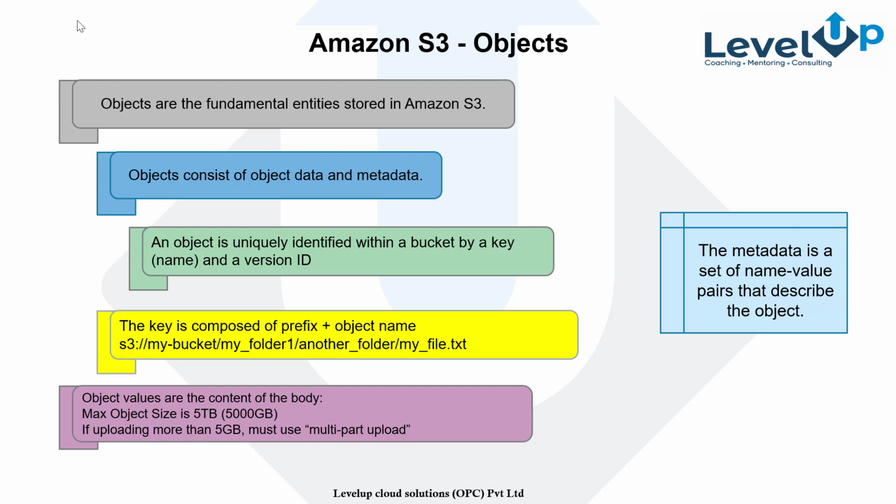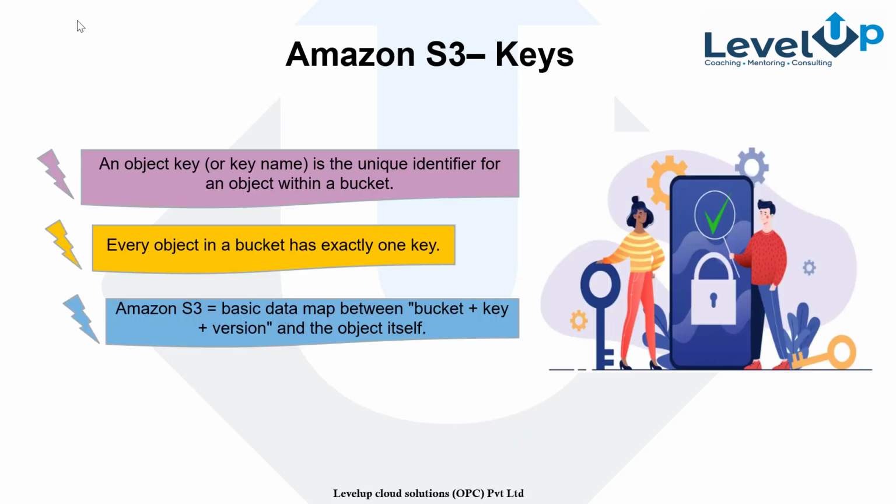All right, that is about objects. So we discussed two components. One component is called a bucket, the second component is called objects. Now there is another component called keys. An object key is a unique identifier for an object within a bucket.